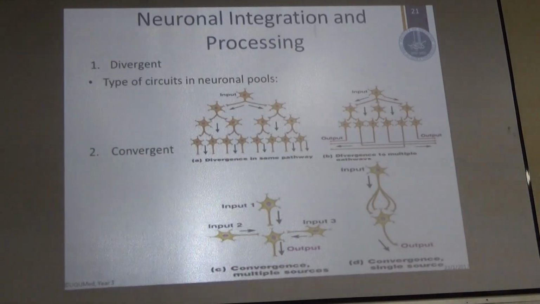Now, summation. It is a very beautiful story. You already know that summation occurs, spatial and temporal. Sometimes divergence occurs, where one source of message spreads to 100 places. The input spreads to many cells.